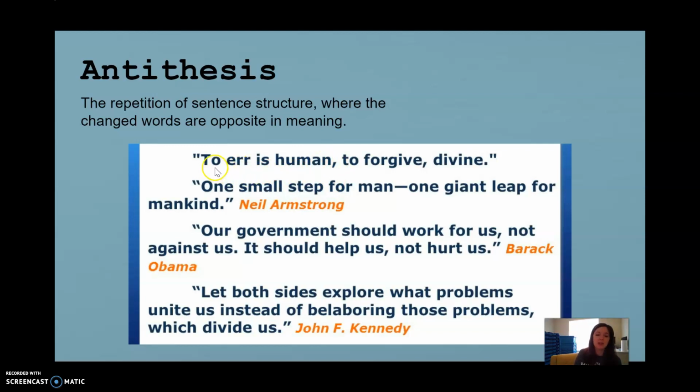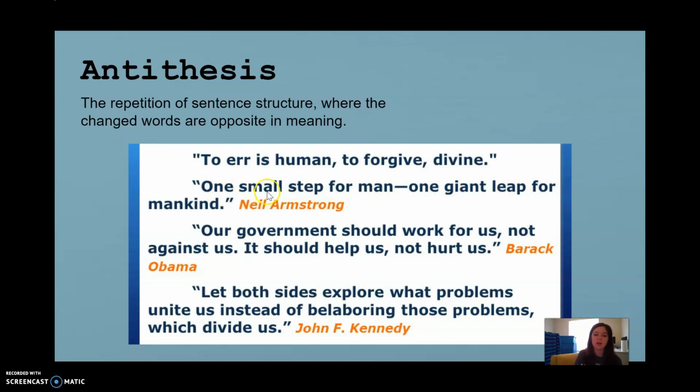But what we have here is to blank is blank. So to err, to forgive. Err and forgive are kind of opposite terms. And then is human, is divine. Human and divine are opposite. So antithesis is when whatever goes in the blanks are opposite in sentiment. One small step for man, one giant leap for mankind.